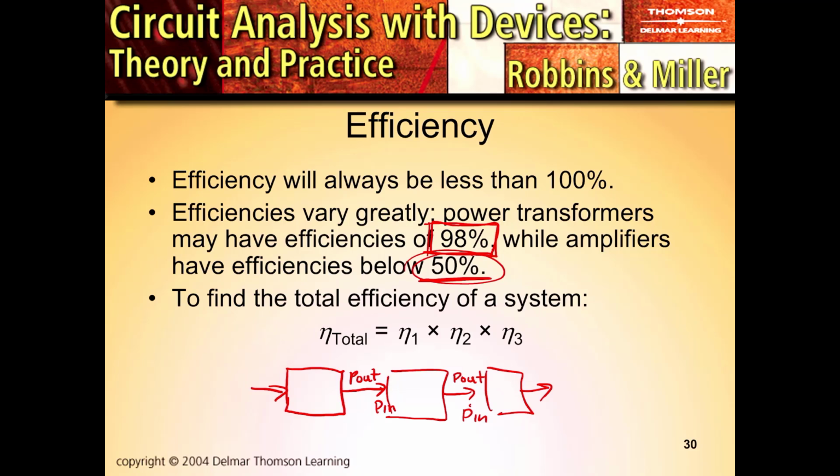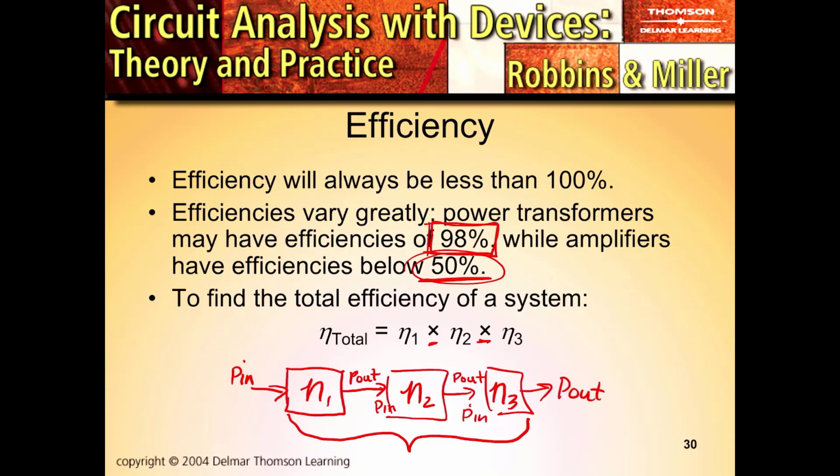Well, you'd have your initial P in value here. You'd have an efficiency for the first system, we'll call N1, efficiency for the second called N2, efficiency for the third N3, and then you'd have a final P out value. But how do you calculate the total efficiency? Don't forget, it's a multiplication as shown here.